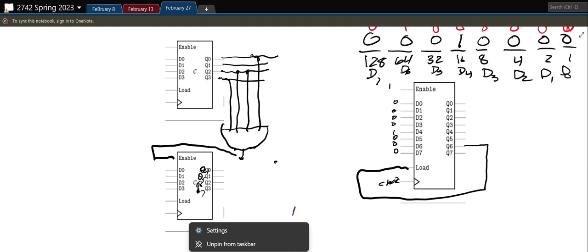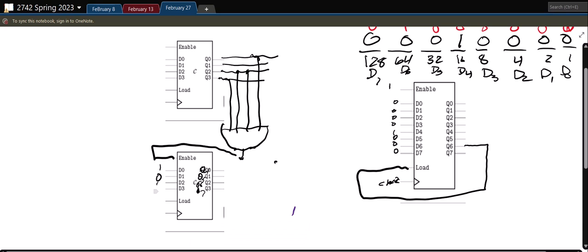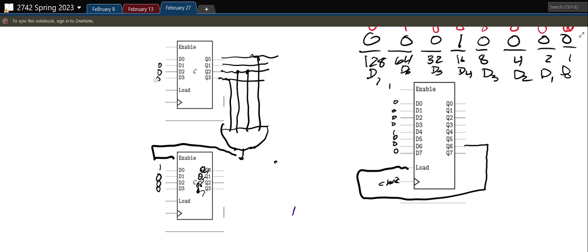Okay, so where were we? We were loading, and we wanted to load 16, and we needed to put that on D4, which we said was our first bit on our second counter. So 1, 0, 0, 0, 0, 0, 0, 0, and a 1 on the enable on the first one, and the enable on the second one is the AND of all the outputs of the first one.